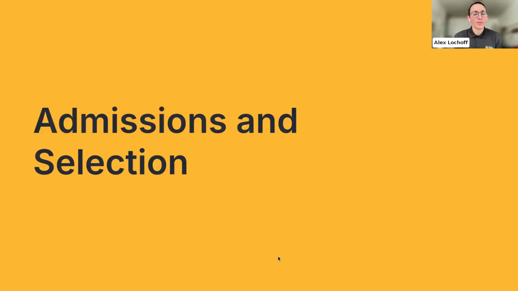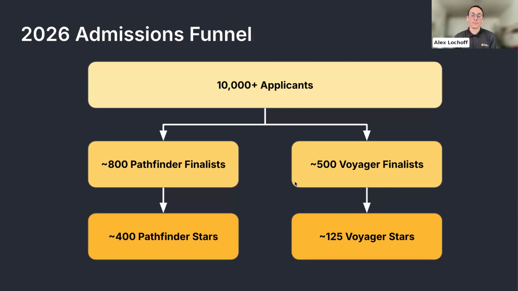But I'd first like to talk briefly about our admissions and selection process. This is the process from which we go from our total pool of applicants down to the group of students that ultimately are accepted as Pathfinder and Voyager stars. As I mentioned a moment ago, we expect to receive about 10,000 applications from students and families this year.